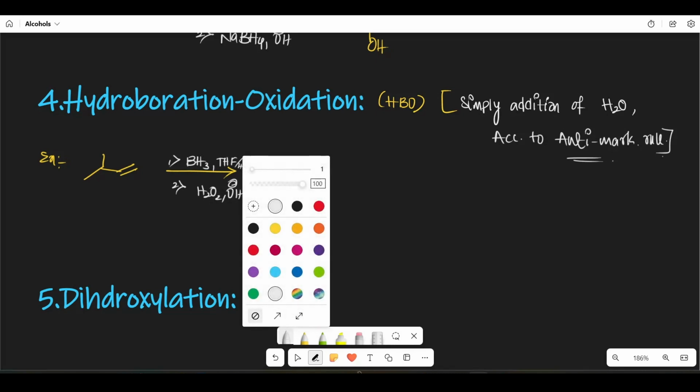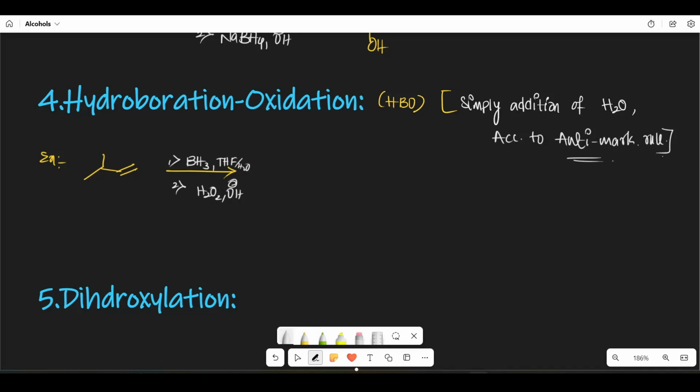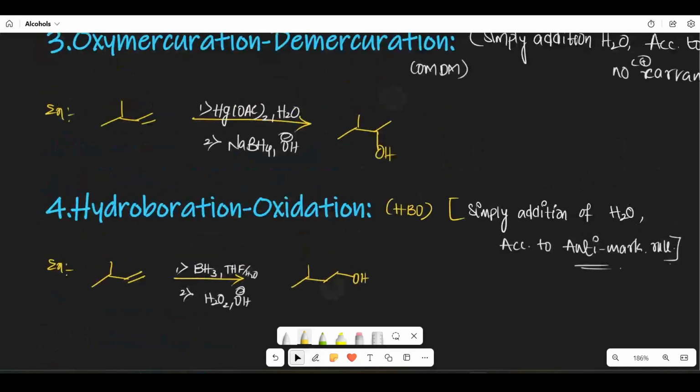So this is simply addition of water according to anti-Markovnikov. So the product is our final product. So I hope you can differentiate these three reactions.